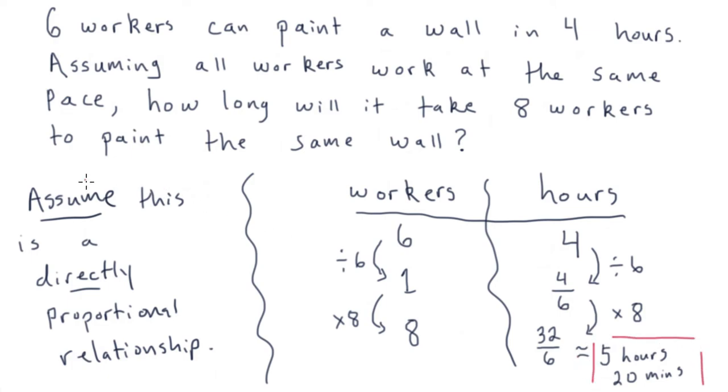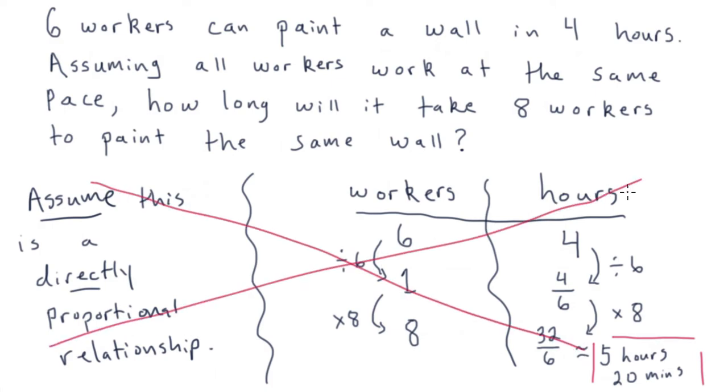Okay, so no. We assumed this was a directly proportional relationship between the workers and the hours it takes to paint the wall, but that's not correct. And the reason it's not correct is because this is not an example of a directly proportional relationship. This is an example of an inversely proportional relationship.